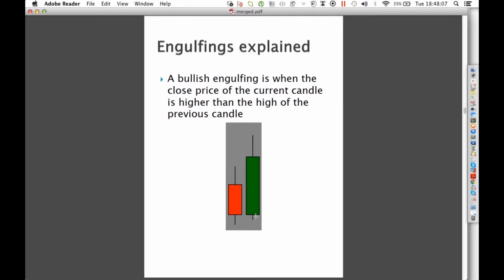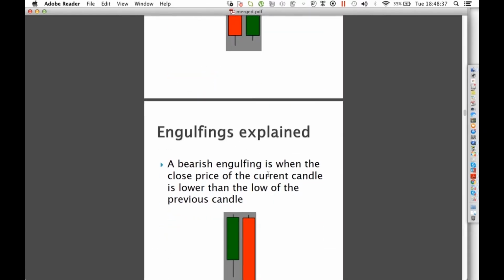Remember, close price, when it's a green candle, when it's a buy candle, close price is going to be above. So now when the price closes above the previous high, that's what we call a bullish engulfing. When the current candle closes above the high of the previous candle, then we have a bullish engulfing.